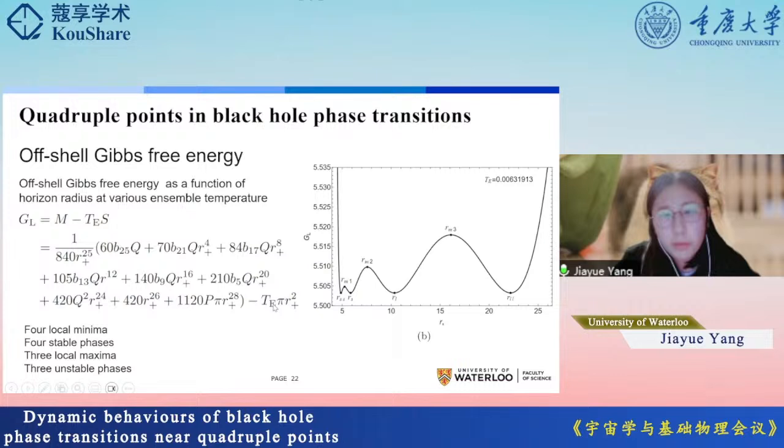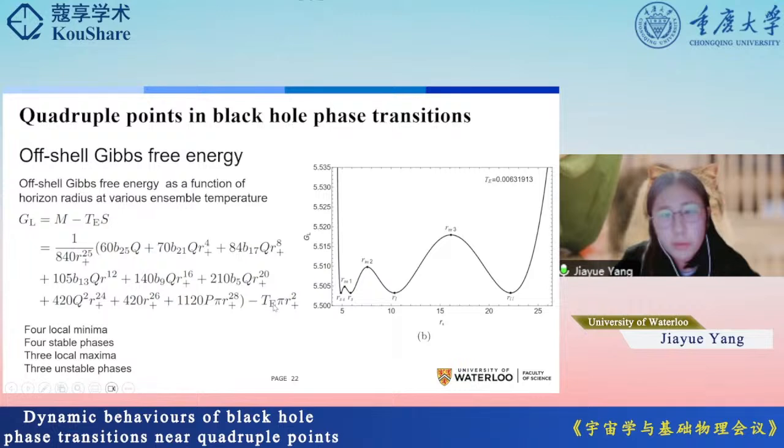The r_SS is the smallest black hole, and r_S is a small black hole. r_L is a large black hole, and r_LL is the largest black hole. And there are also 3 local maxima. The local maxima in the off-shell Gibbs free energy diagram mean that there are 3 unstable phases.